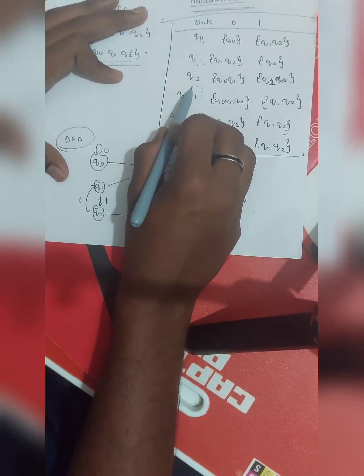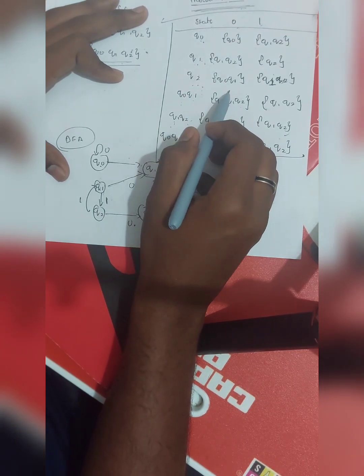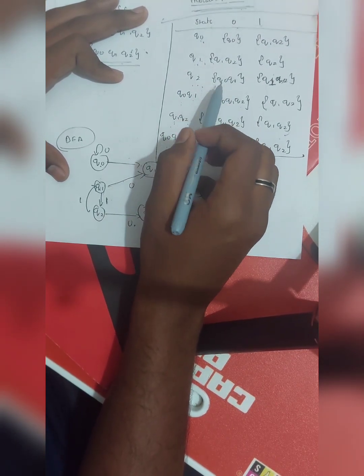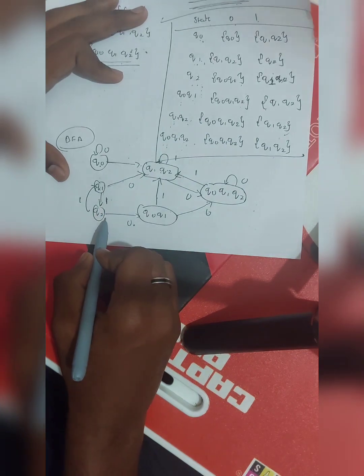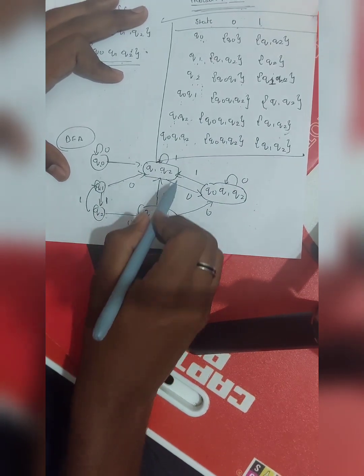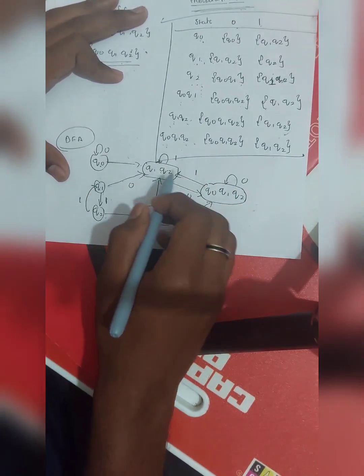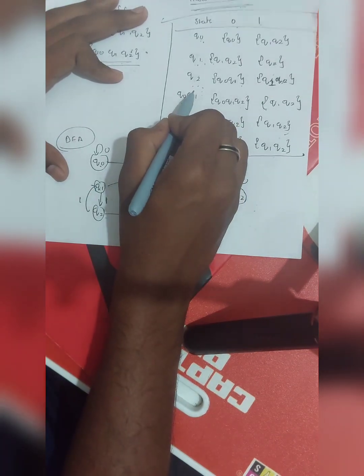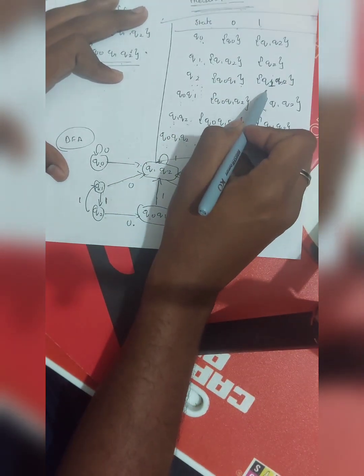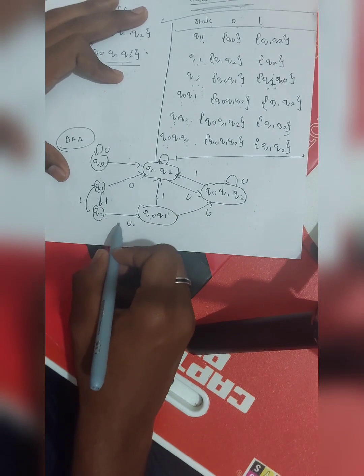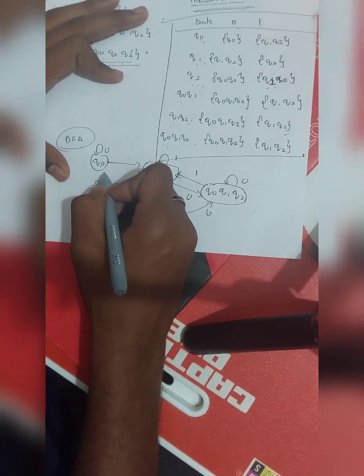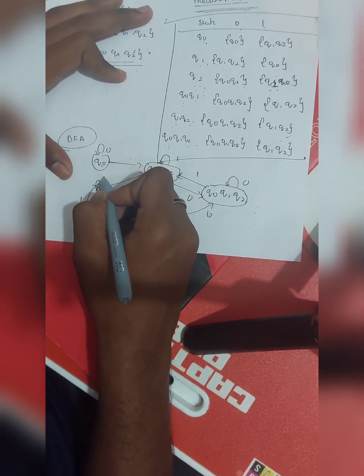Now Q2 with respect to 0 is traveling to Q0, Q1. Write a new state Q0, Q1, which is not present in the DFA. Q2 with respect to 1 is traveling to Q1. So it just backtracks.